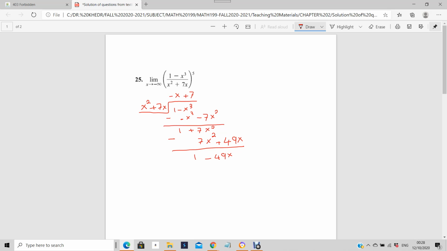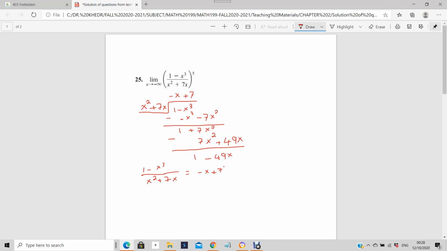Here we cannot divide anymore because the power of the numerator of this term is less than the power of this term. So we will say the rational function is equivalent to the answer here on the top, which is minus x plus 7.